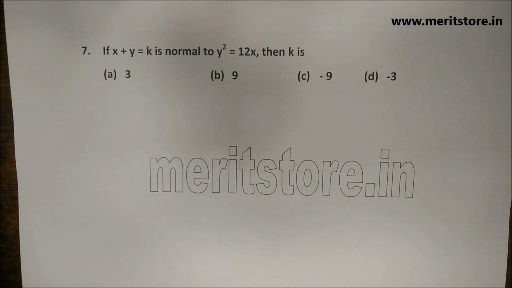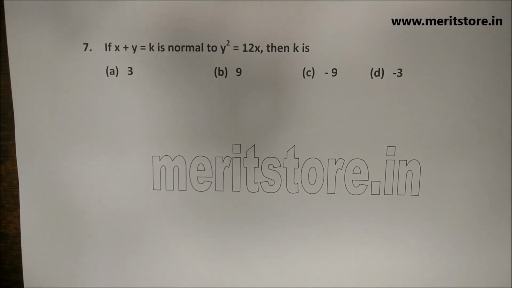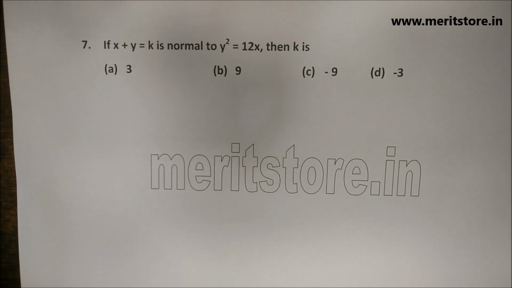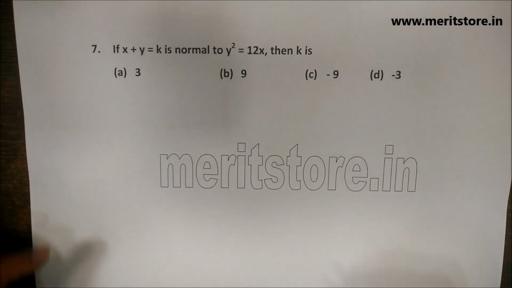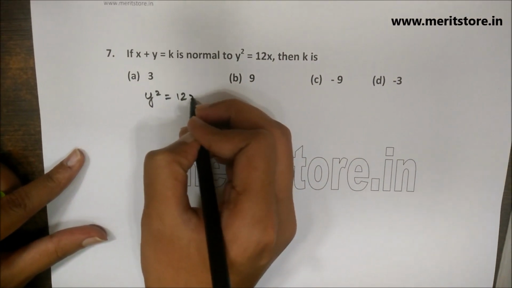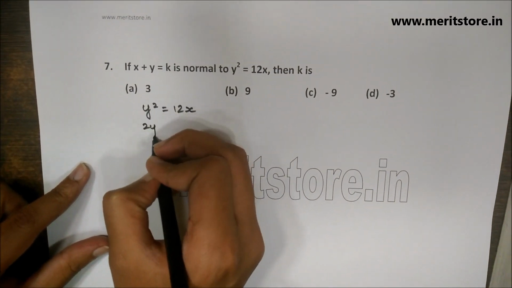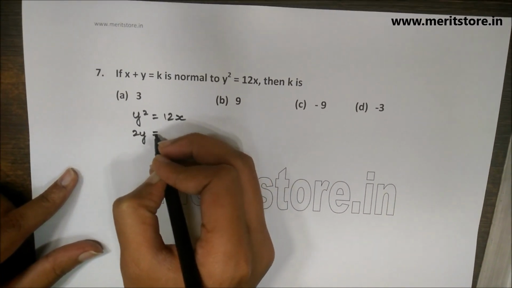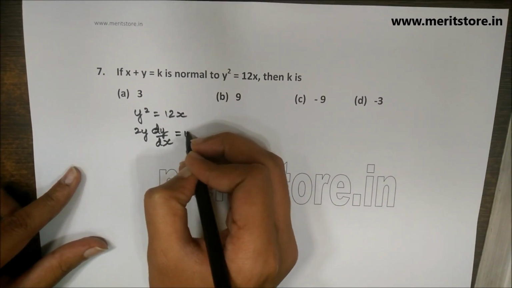Question number 7. If x plus y is equal to k is normal to y square equal to 12x, then k is option A 3, B 9, C minus 9, D minus 3. So our function is y square equal to 12x. Differentiating this, we get 2y dy by dx equal to 12.